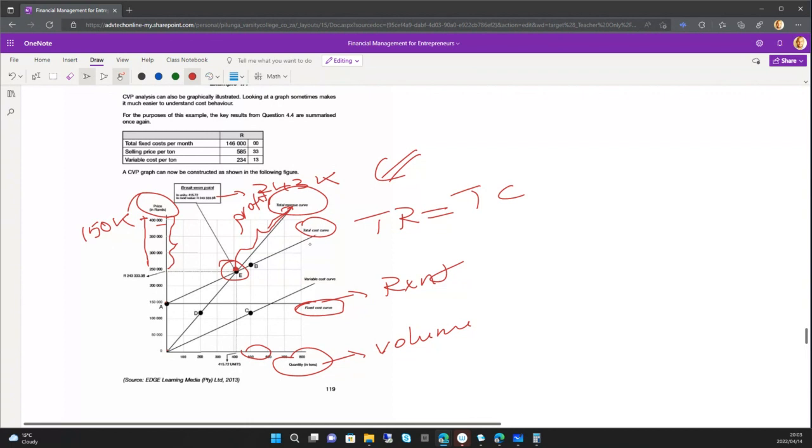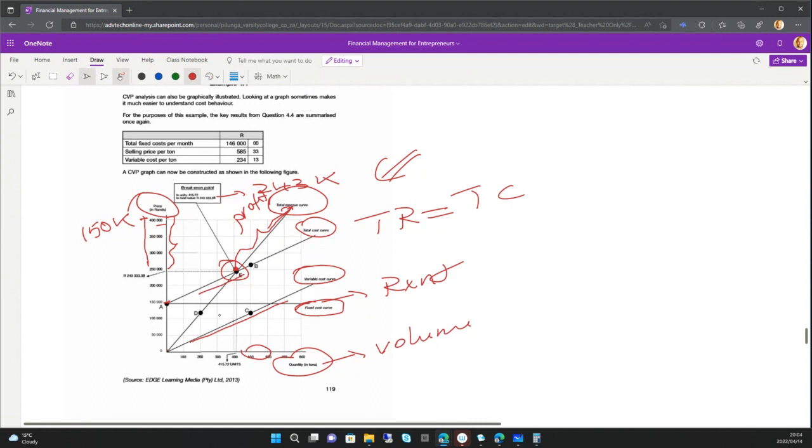All right, so these are the explanations. But as you can see, you have the total cost curve. Look here, the variable cost curve is here. And what happened is that you take the fixed cost plus the variable cost. If you can see, this curve here is parallel to this one.